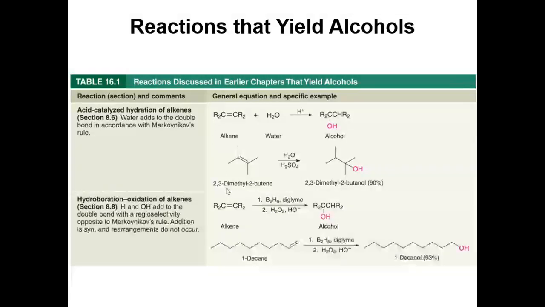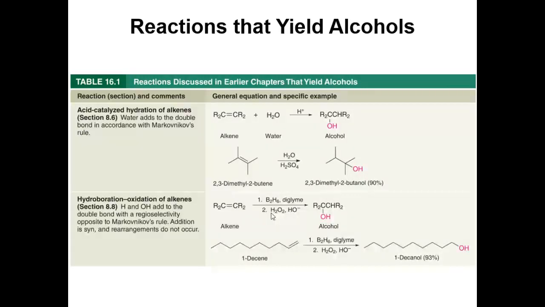And then the reactions that can form alcohol, we already learned many such reactions in organic one. One is the acid catalyzed hydration of alkenes, which we learned in chapter 8, organic one. The hydroboration oxidation is also from chapter 8, organic one.